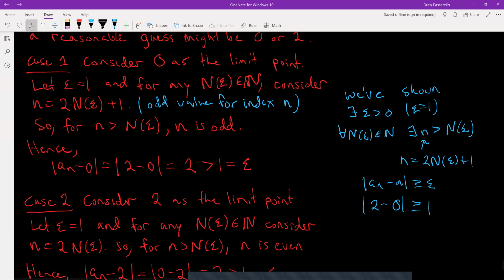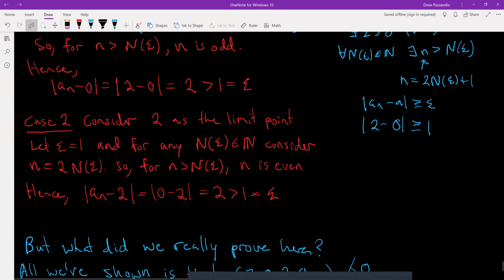All right, now the second case, let's consider 2 as a limit point. Now, if 2 is a limit point, again we're going to pick epsilon to be 1. Then for any capital N, a natural number, consider little n equal to 2 times capital N. So that means little n is an even number.